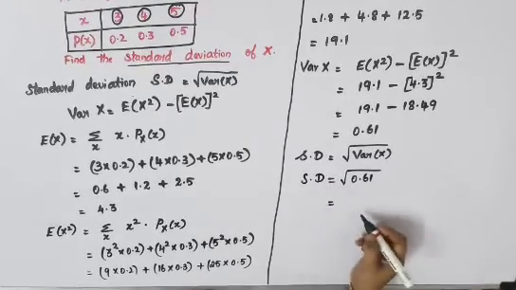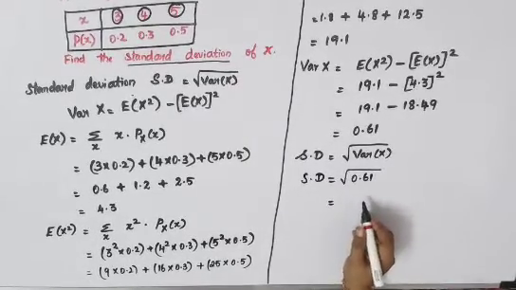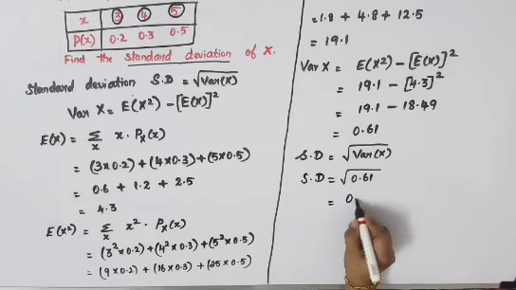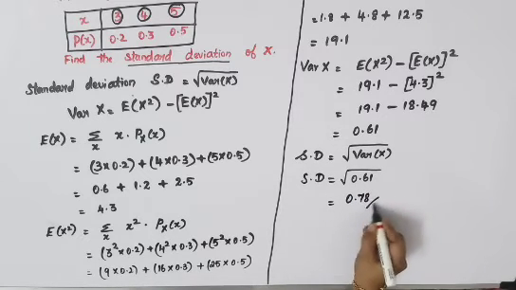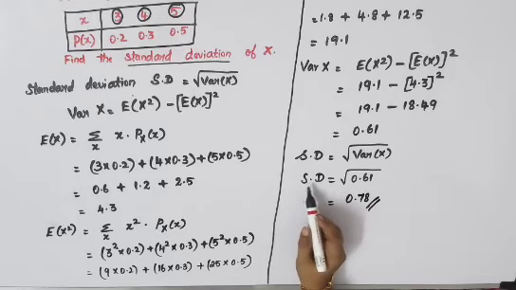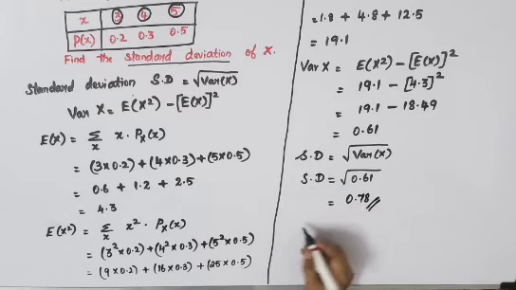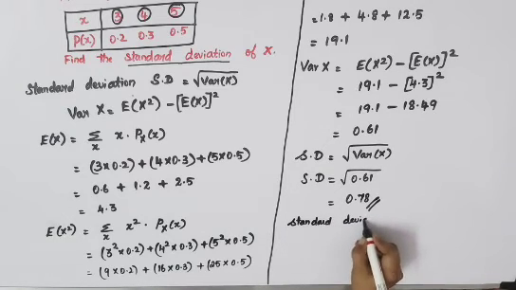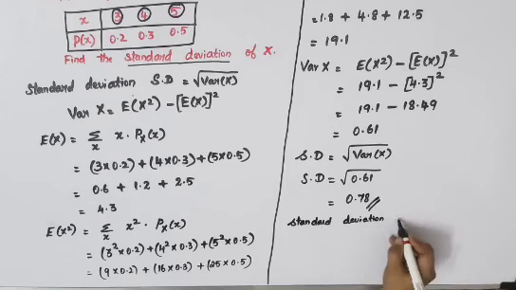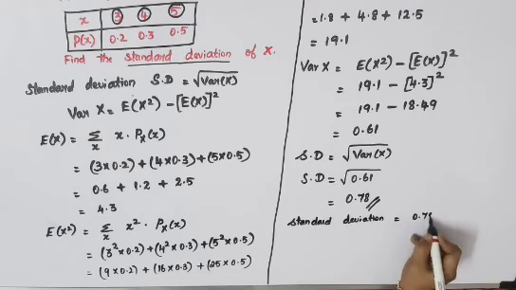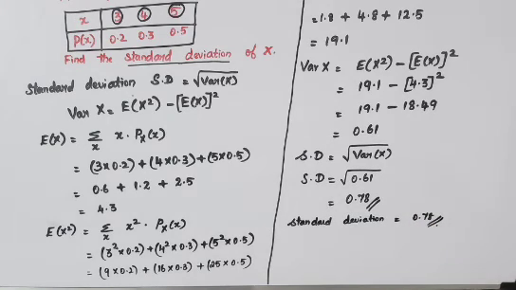Again in your calculator you can find root of 0.61. The answer will be 0.78. So this is the answer for your standard deviation. SD is nothing but your standard deviation. Therefore standard deviation is equal to 0.78. So this is the answer for your third question.